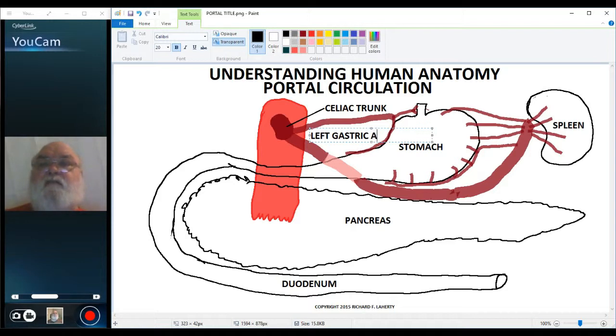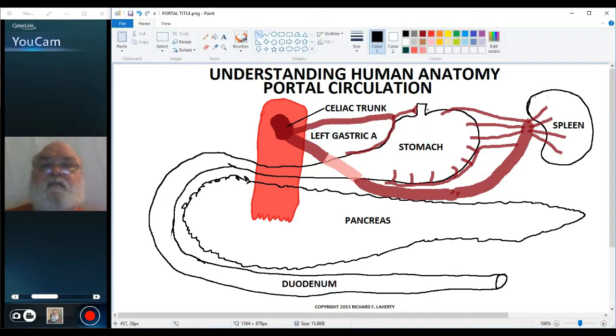And that's this one, and it runs along the lesser curvature of the stomach.